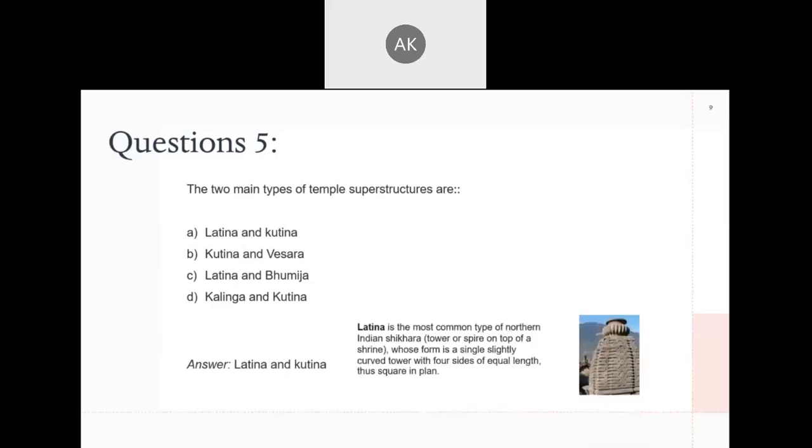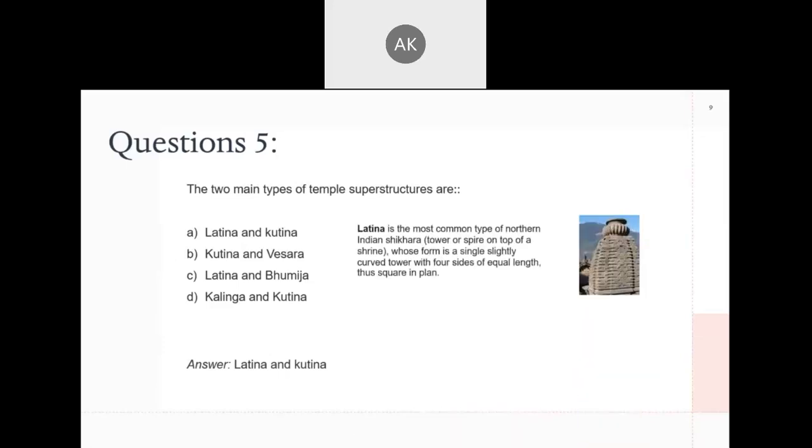Actually, Latina belongs to the northern Indian temple style, that is the Indian Shikhara, the top or the spire of the Shikhara. The characteristic is a single slightly curved tower with four sides of equal length, thus square in plan.